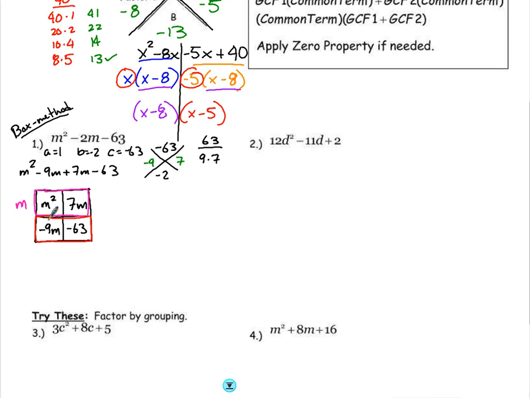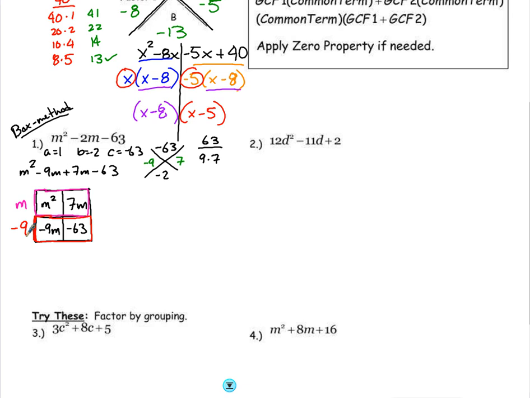What do those two terms have in common? They both share, let's say, a negative 9. Since this lead term is negative, I'm going to take the negative out in front there. Whatever's closest to where I'm writing my number, if that's negative, let's write a negative.